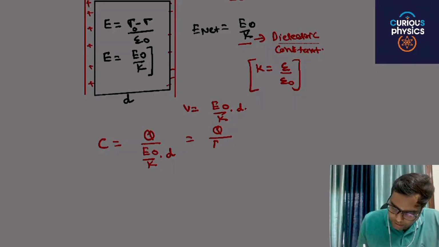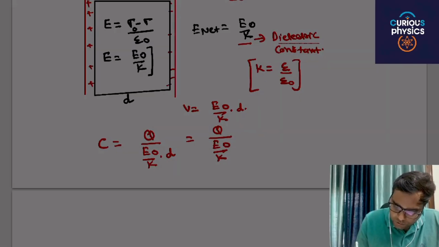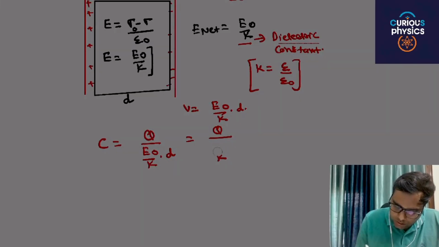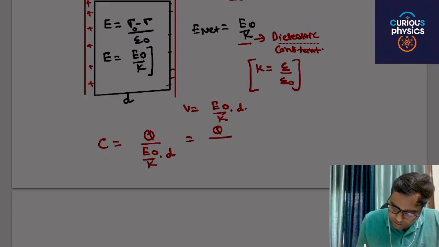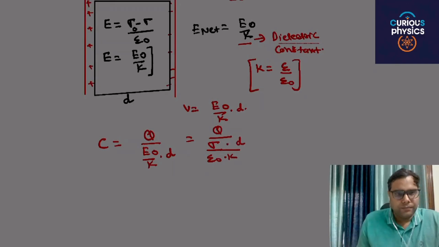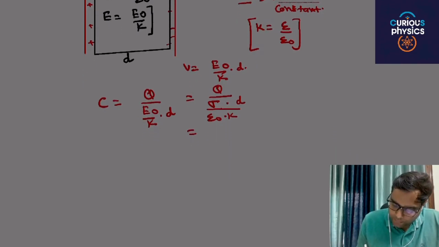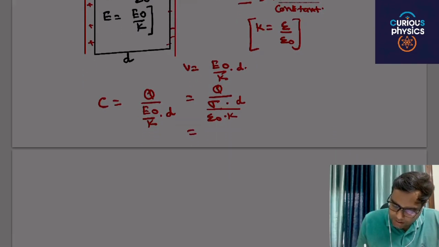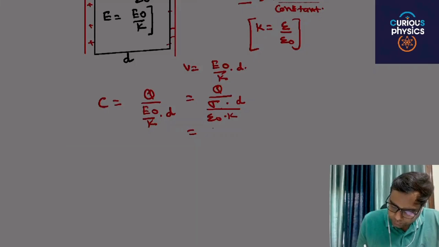So E naught by K is sigma by epsilon naught into K, and with D, and sigma can be Q by A, then the value will be K epsilon naught A by D.